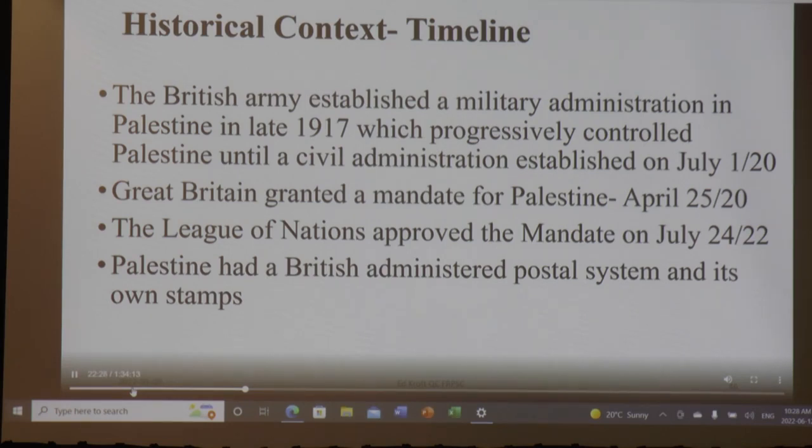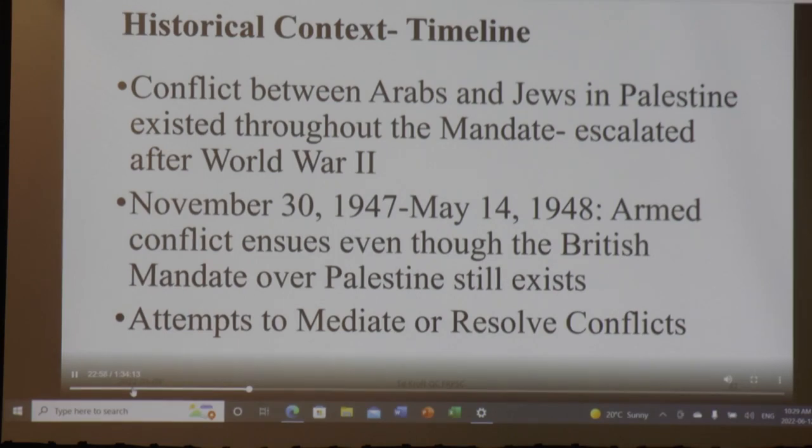As a result of the conflict, Britain was given a mandate by the League of Nations to administer territory in the Palestine area. France was also given a mandate over areas such as Lebanon, and the League of Nations approved the mandate in 1922, and Britain set up its own postal system inside Palestine. It was administered by the British, and there were stamps that were issued.